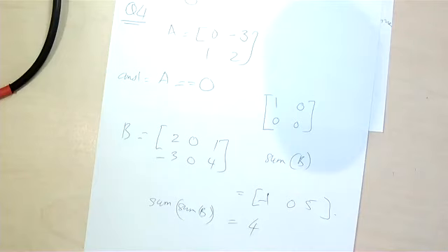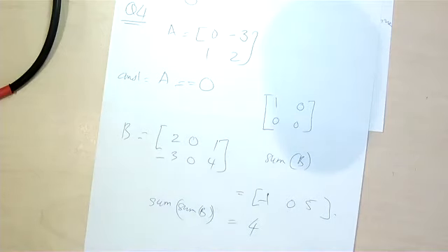If you take sum of B, it gives you the sum of the columns. But when you want to sum the rows, you say sum of B, comma 2, with 2 for the second dimension. Then it gives you the sum of the rows.